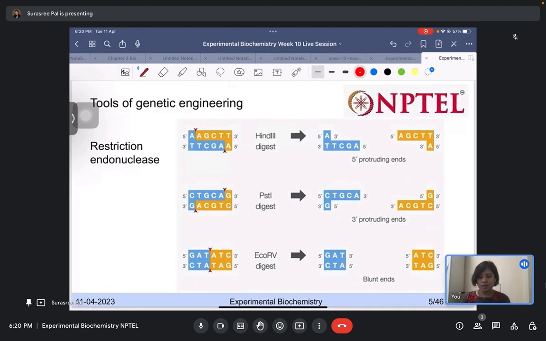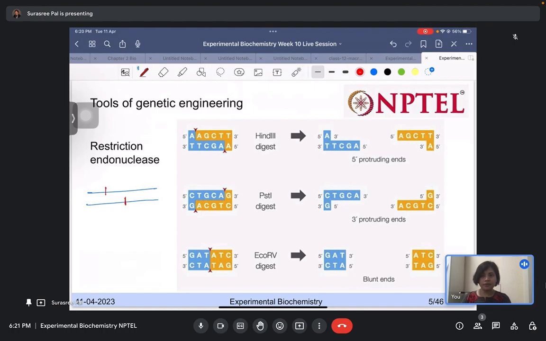So suppose this is my DNA sequence, and the restriction endonuclease can make cuts on the DNA sequence like that, inside the DNA sequence. That is why it is called endonuclease, right?